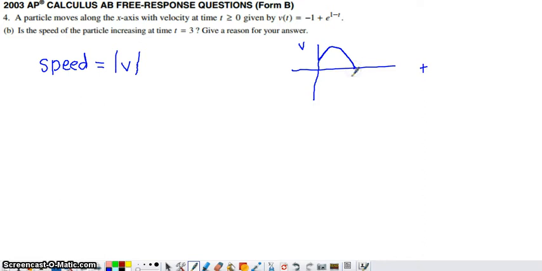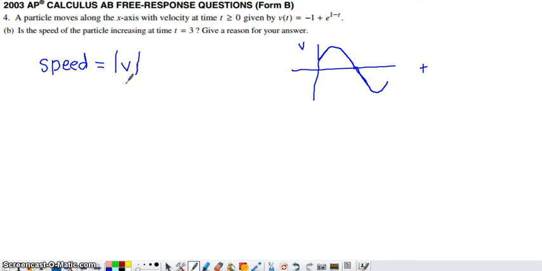When I cross this point and work back down below the t-axis here, my velocity is now moving away from 0. So the absolute value of velocity, or speed, is actually increasing right here. And then if I bottom out and come back up, now my speed is decreasing again because my velocity is getting closer to 0. The absolute value of velocity is getting smaller.